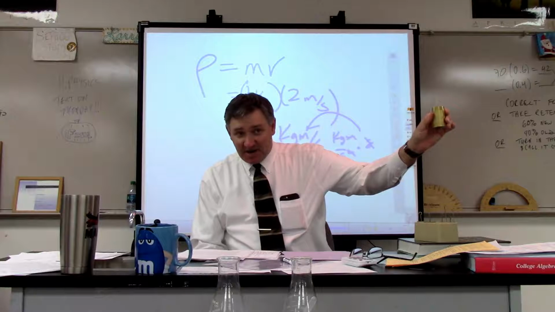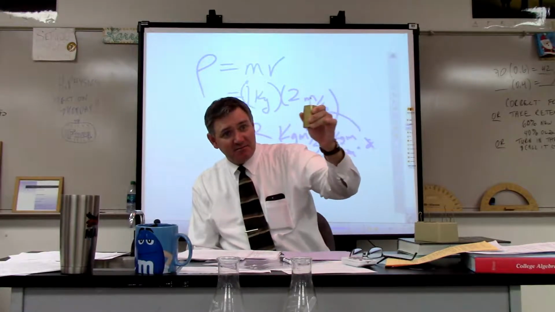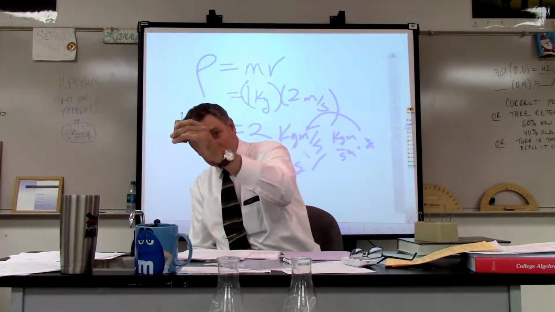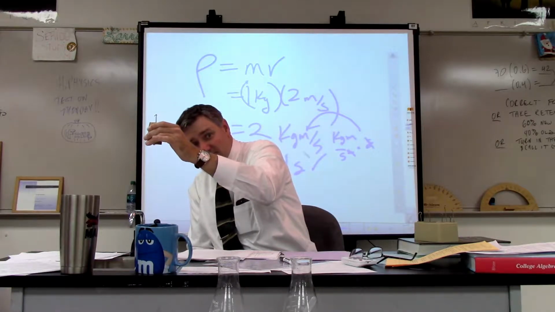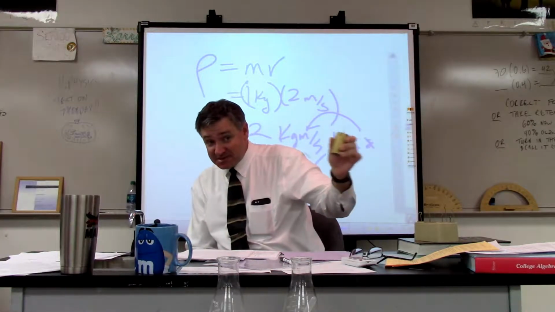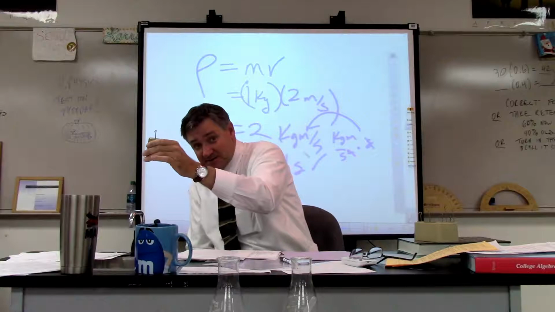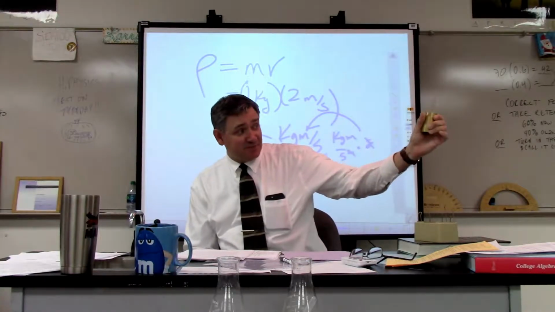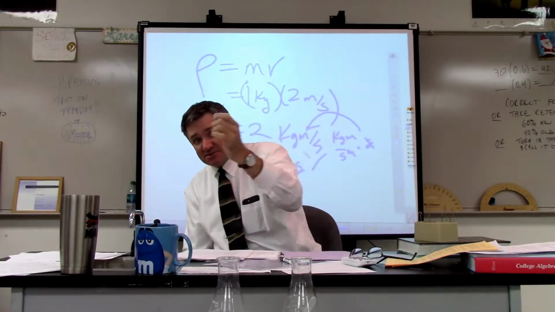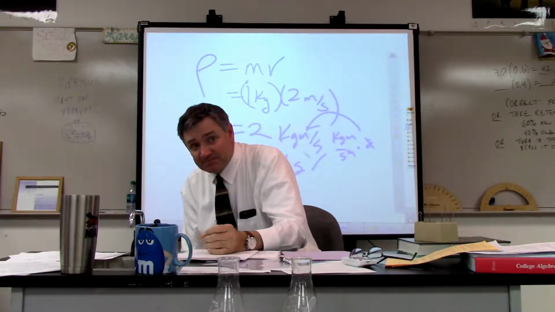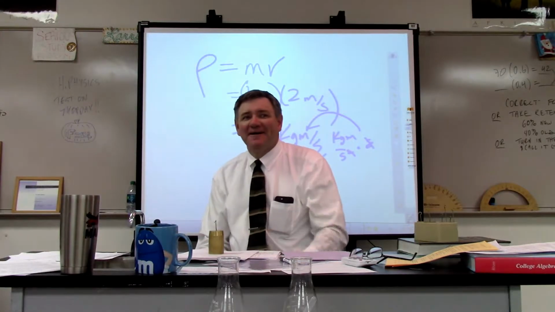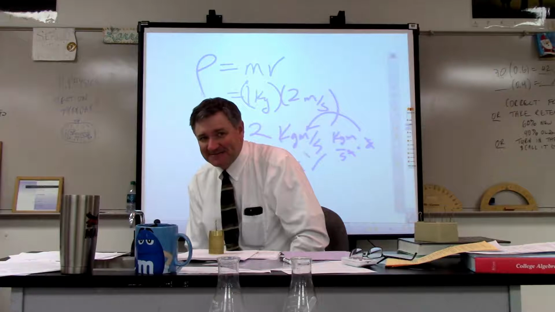Now, if I move it this way, what's happened to the velocity? Is it still positive, or is the velocity now negative? Negative. So if I take it and move it this way at negative 2 meters per second, now what's my momentum? Negative. Yes, it is.